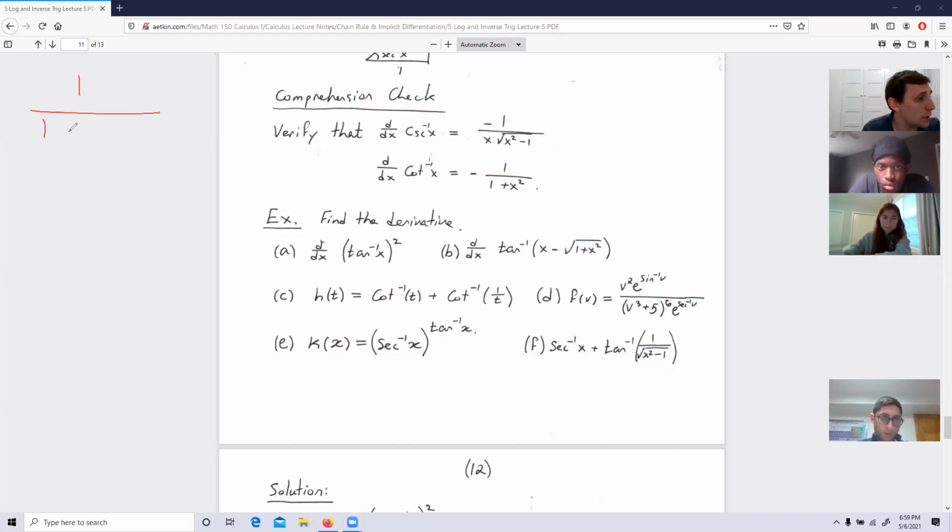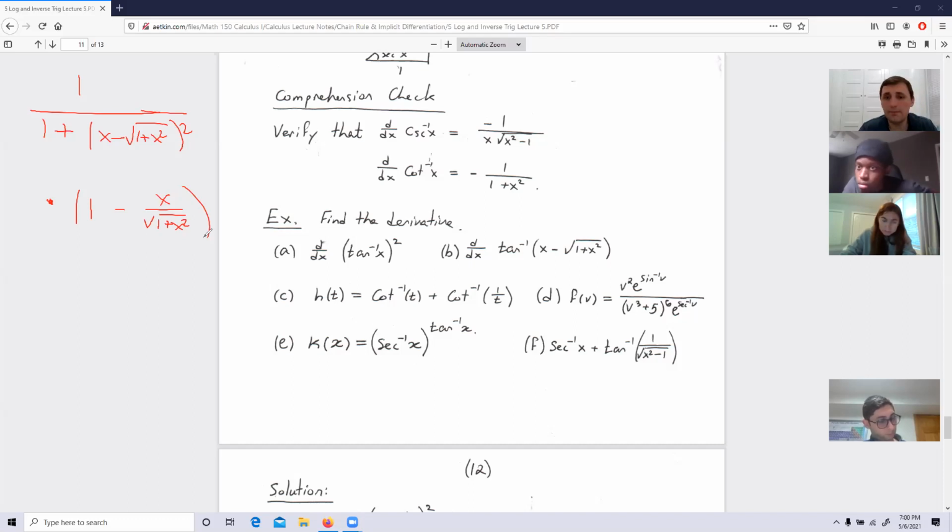It's 1 over 1 plus x minus root 1 plus x squared squared, multiplied by the derivative here, which is 1 minus x over root 1 plus x squared. Yes? So we figured out B.